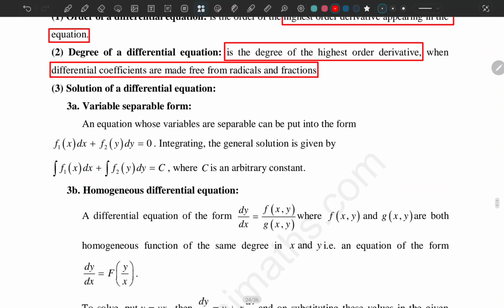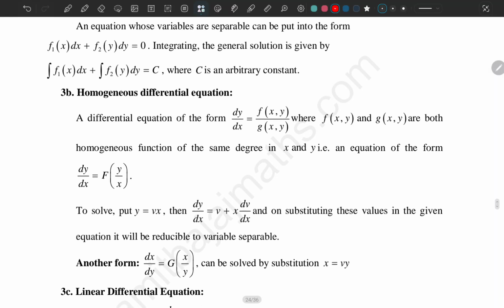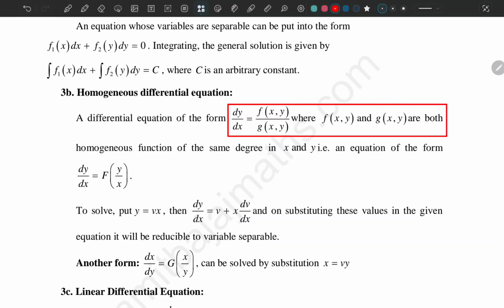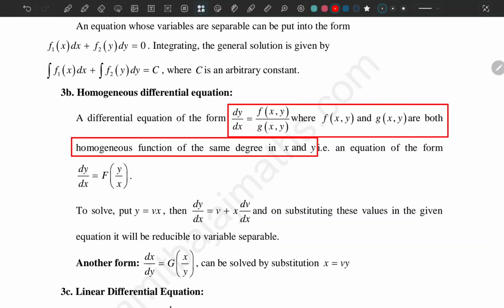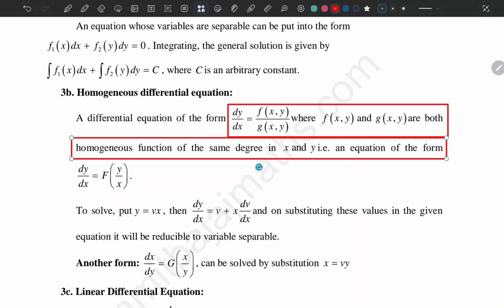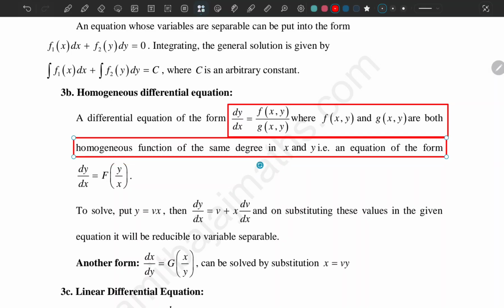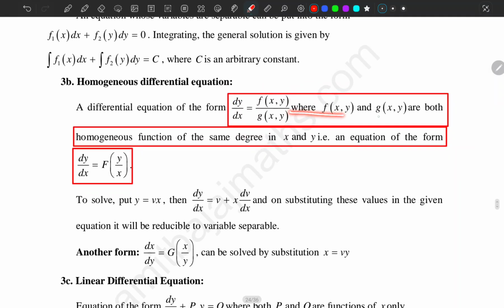Okay. And what are homogeneous differential equations? dy by dx in this form, where both are homogeneous of the same degree. So dy by dx equals f of x comma y over g of x comma y, where f of x comma y and g of x comma y are both homogeneous functions of the same degree in x and y.